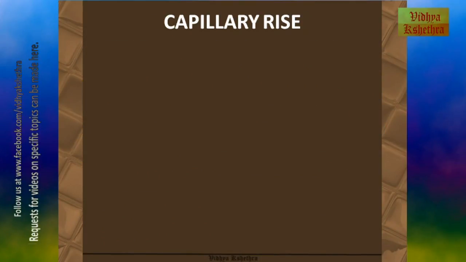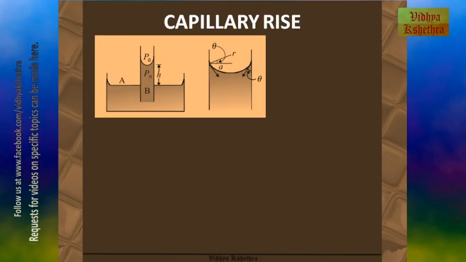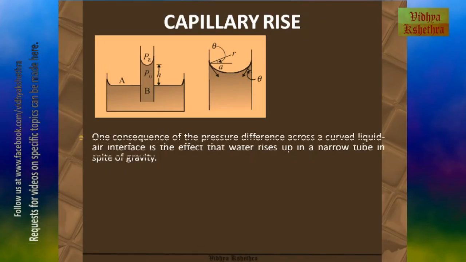Now capillary rise. Capillary rise can be explained based on the surface tension. Capilla in Latin means hair. When a very thin glass tube is immersed in water, we can see that the water rises in the tube against gravity.